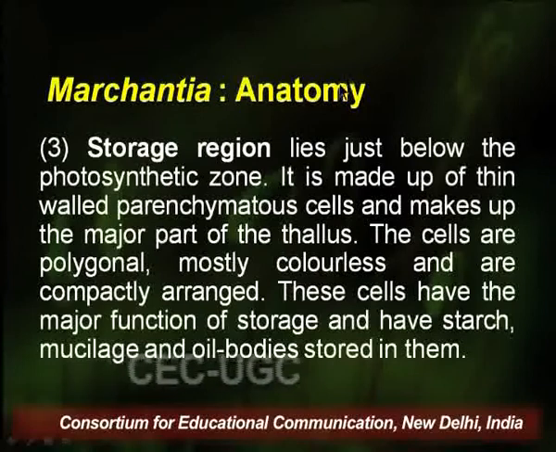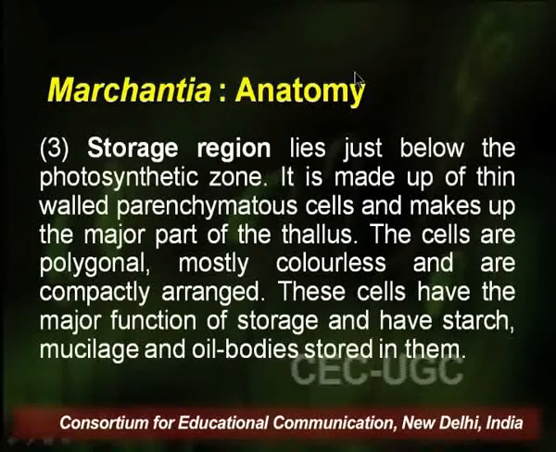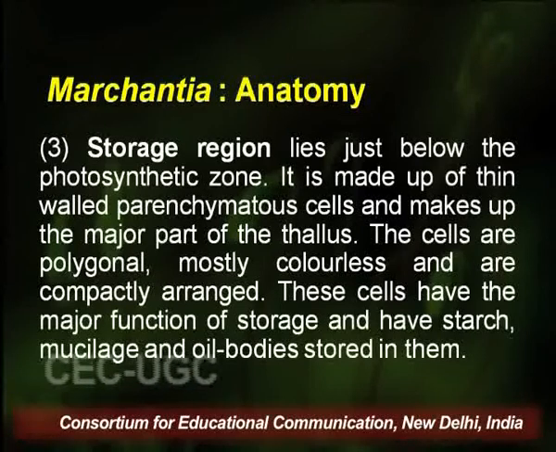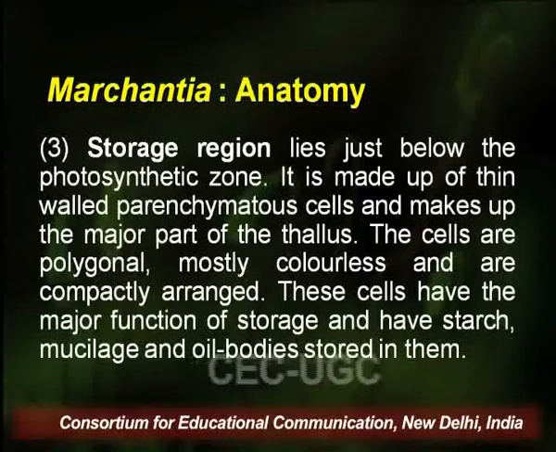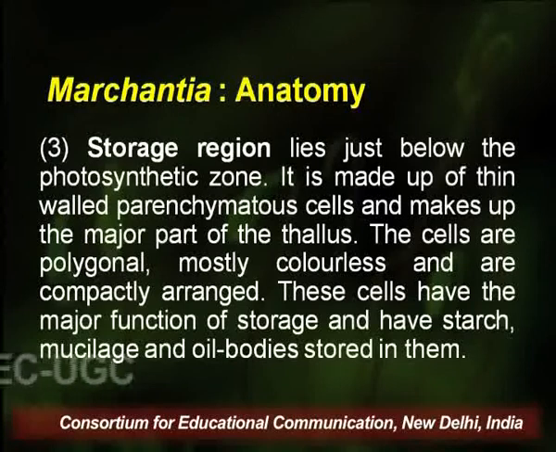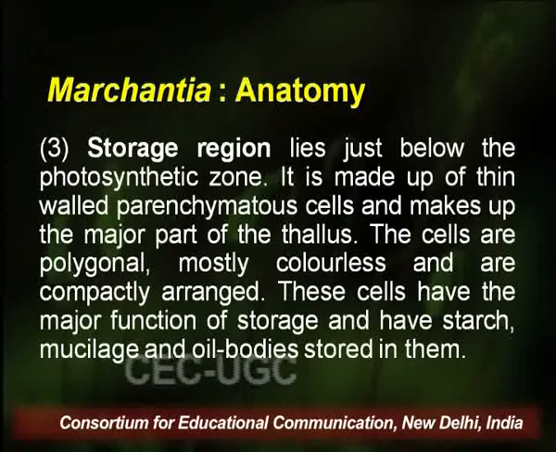The storage region lies just below the photosynthetic zone. It is made up of thin-walled parenchymatous cells and makes up the major part of the thallus. The cells are polygonal, mostly colorless, and compactly arranged.